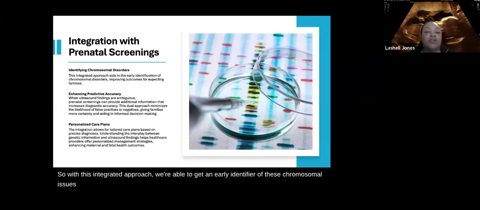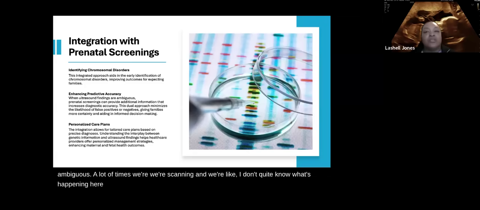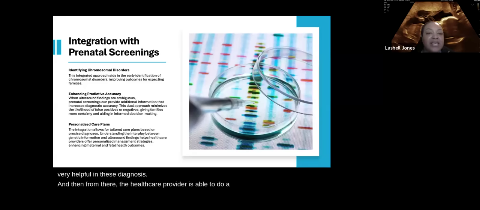Another reason for this integration of the screenings is when our ultrasound findings are ambiguous. A lot of times we're scanning and we're like, I don't quite know what's happening here. These prenatal screenings, when combined with our findings, are becoming very helpful in these diagnoses. And then from there, the healthcare provider is able to do a personalized care plan.